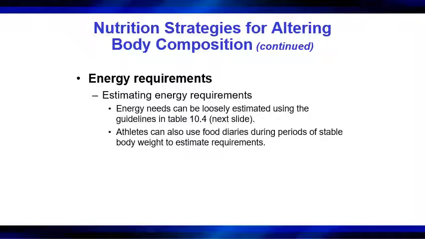If you're monitoring your body weight and you see that it is stable, look at your food diary to see what you've taken in. That gives you the best estimate of what your body needs to maintain your weight, and off of that you could determine what you would need as far as weight gain and weight loss are concerned.